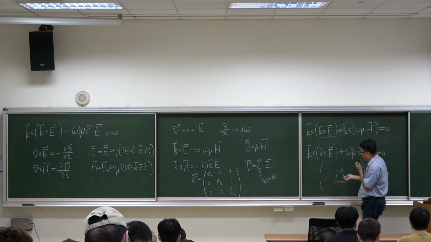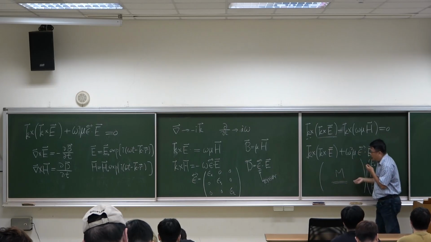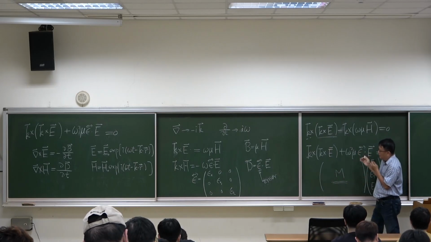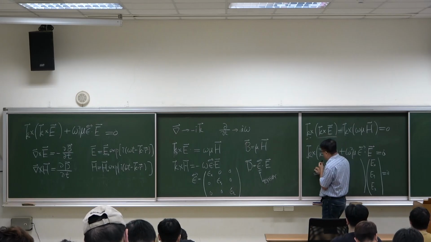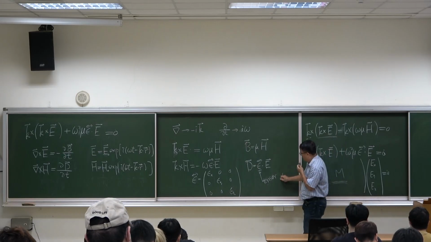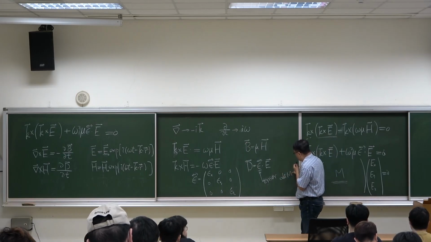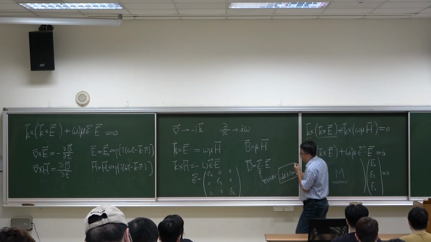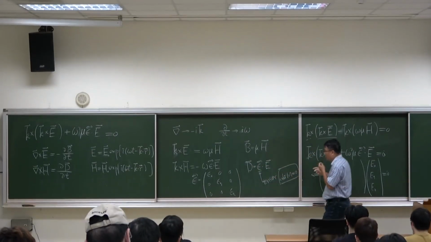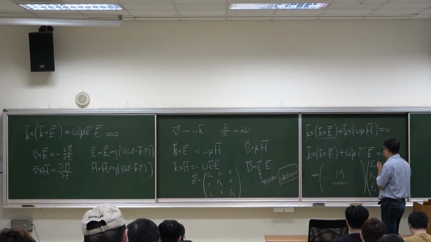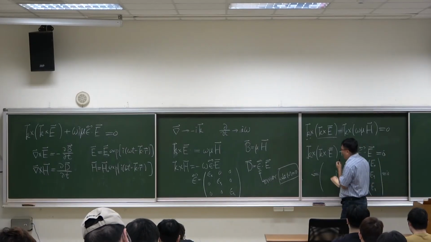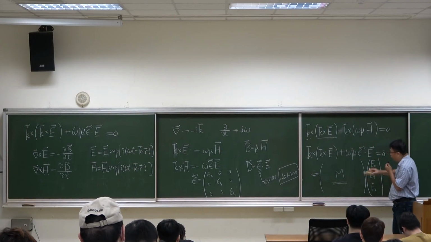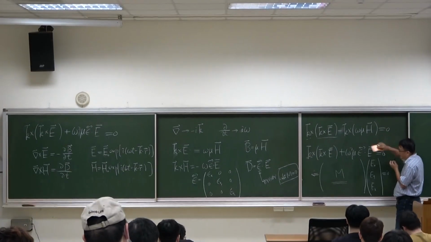So mathematically, if M has no inverse, then this implies that determinant M is equal to 0. And this condition gives us the so-called normal surface. Okay? Now we try another way to use the same equation.